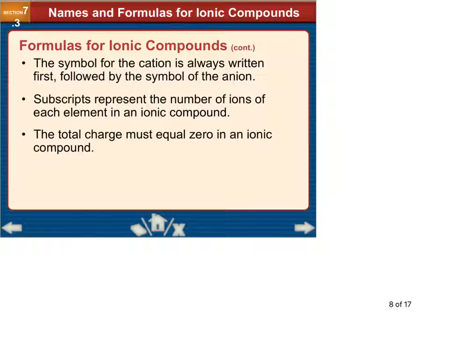Like in the names, the symbol of the cation is always written first, followed by the symbol of the anion. Subscripts represent the number of ions of each element in an ionic compound. Total charge must equal 0 in an ionic compound. This will be a very key thing as we're figuring out what the formulas are. Charge must equal 0.